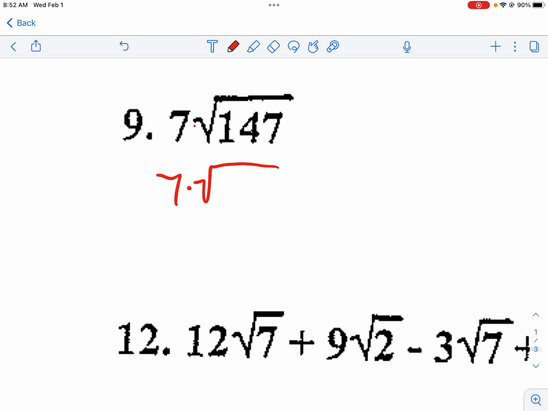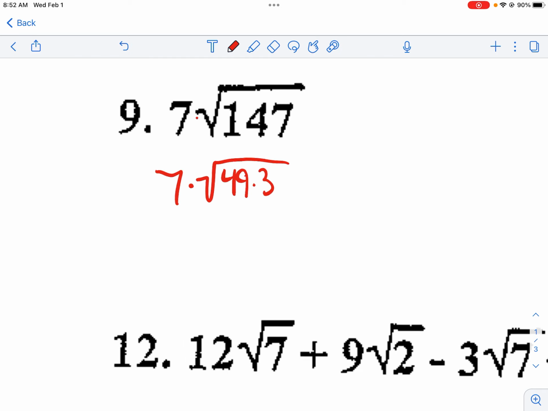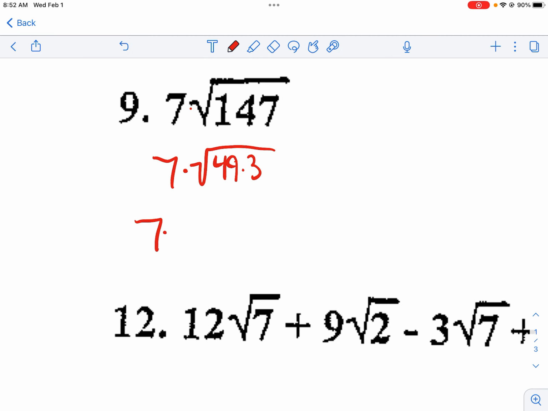Actually, it comes out to 49. So 49 and 3 are my factors of 147. So I do 7 times square root of 49 times 3. I take the square root of 49, I get 7 times 7. I multiply that again by the square root of 3, which is left, and I get 49 times the square root of 3 is my answer for that one.